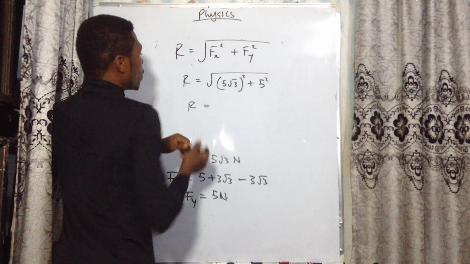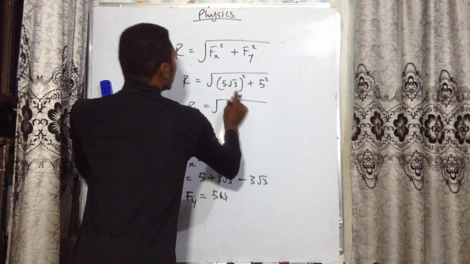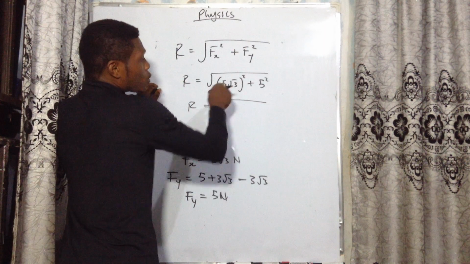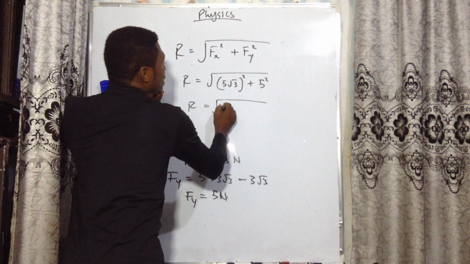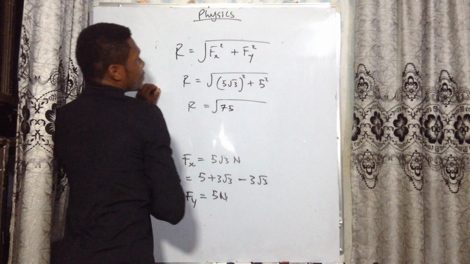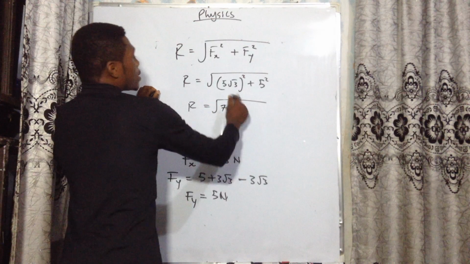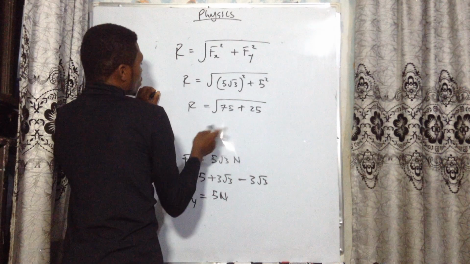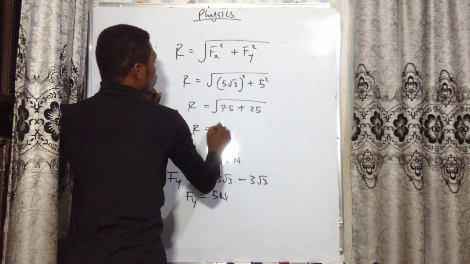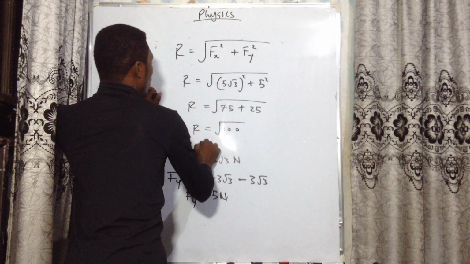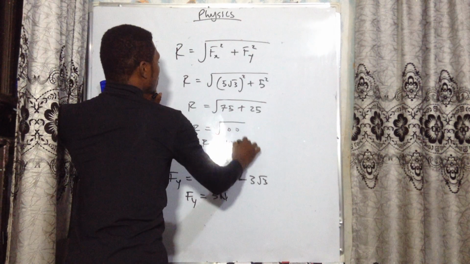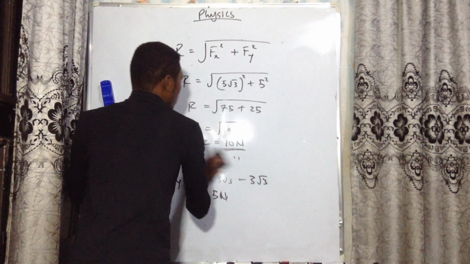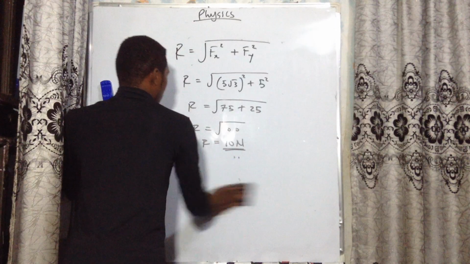When you find the square, the square root of 3 squared is 3, and 5 squared is 25. So 25 times 3 is 75. So this is plus 25. 75 plus 25 is 100. So the square root of 100. So R is equal to 10 newtons. So the resultant is 10 newtons.